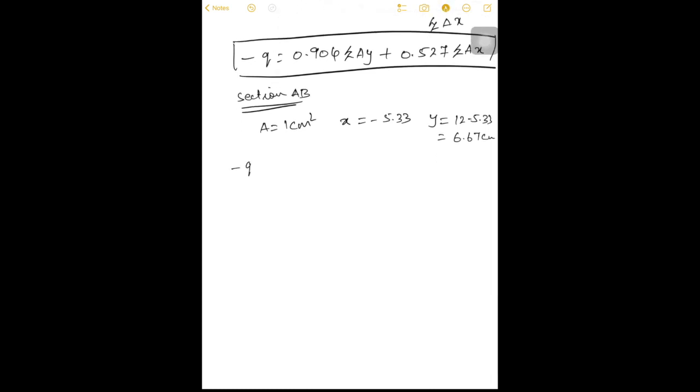So minus Q AB equal to 0.904 into area is 1 centimeter, and the value of Y is 6.67, plus 0.527 into the area 1 into the value of X, minus 5.33.